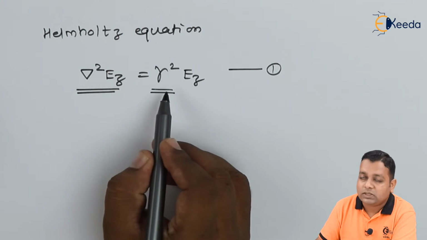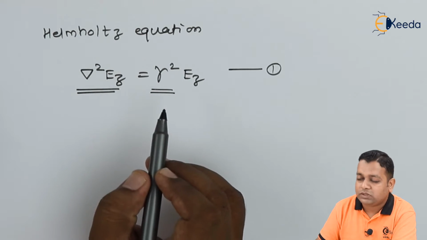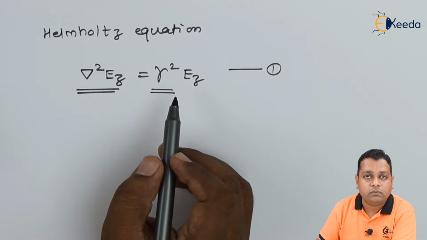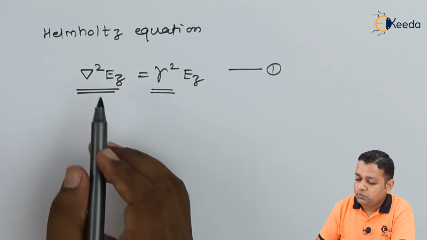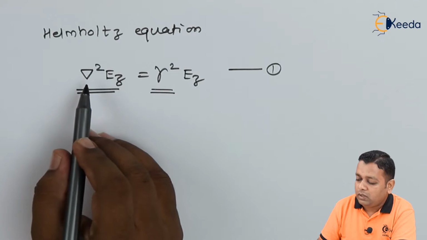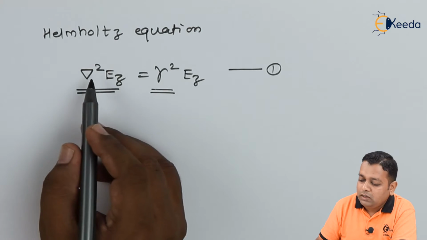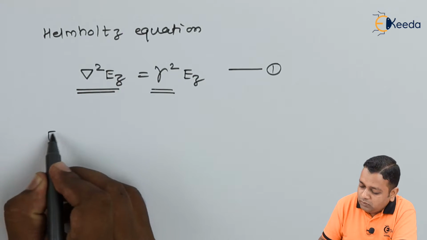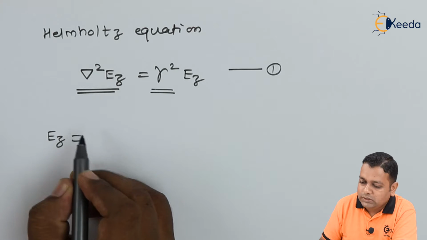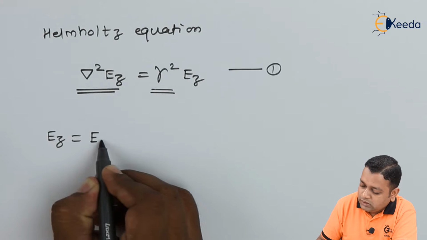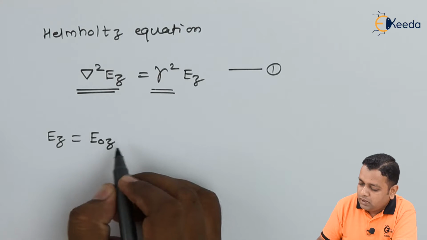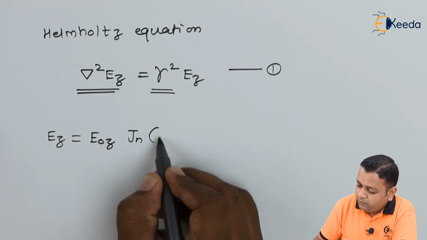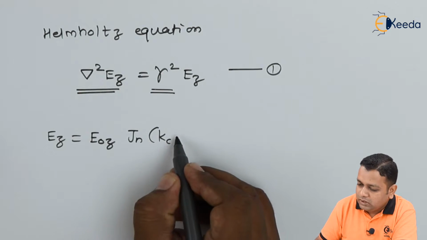Now gamma is the propagation constant, accounting for both the attenuation measure and the phase shift measure. If you want a solution to such an equation, where del square can be expanded into second order partial differential equations, the solution can be assumed to be of the form Ez is equal to E suffix 0 times Z, the peak amplitude, into the Bessel's function Jn of the cutoff wave number Kc into r.